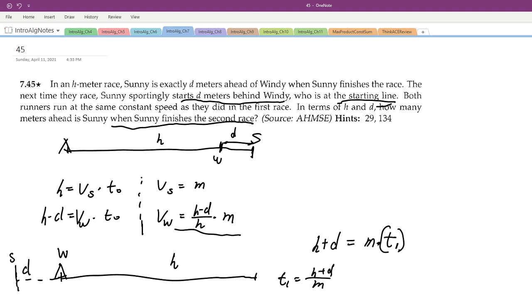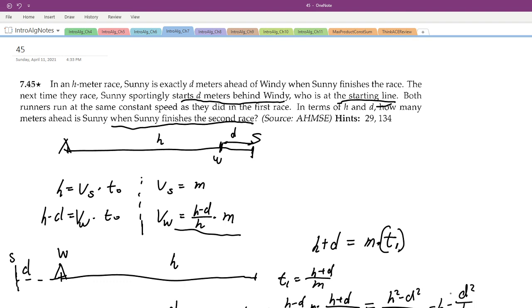So the distance Windy moves the second time is Windy speed times t1, equal to h minus d over h times h plus d over m, so it's h squared minus d squared over h, which is h minus d squared over h.